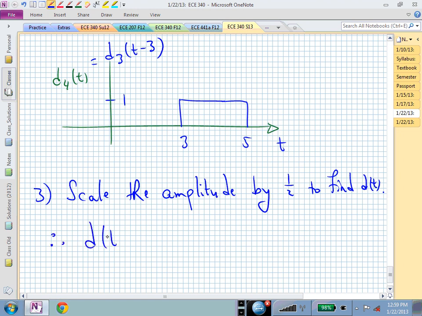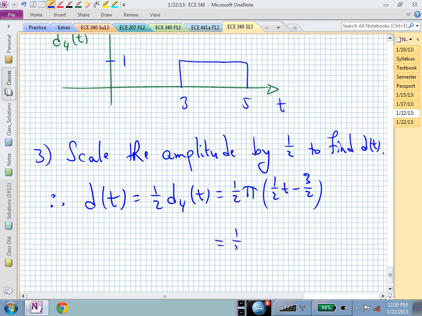Or d of t is now 1/2 d sub 4 of t, but that was now 1/2 of pi of 1/2 t minus 3/2. Or you could say that's now 1/2 pi of 1/2 t minus 3 if you wanted to. And now we've written or expressed d in terms of pi's.